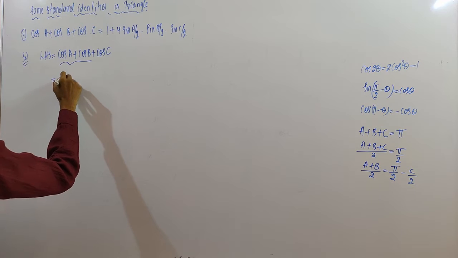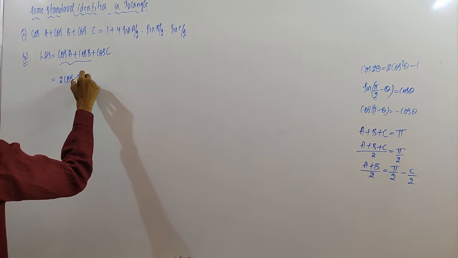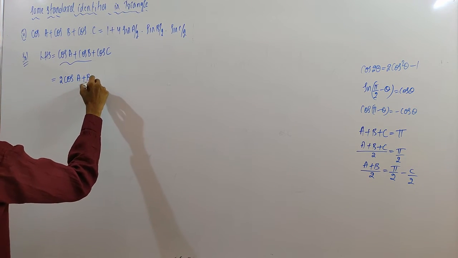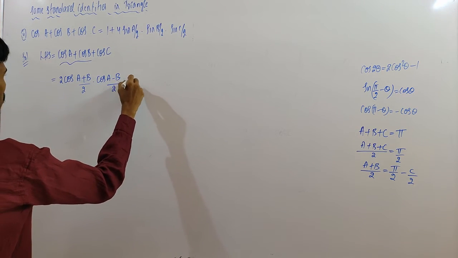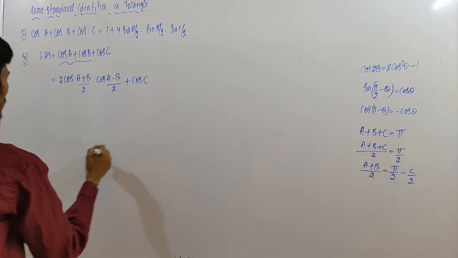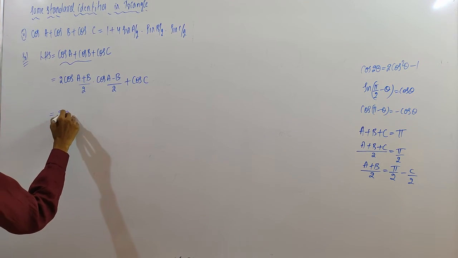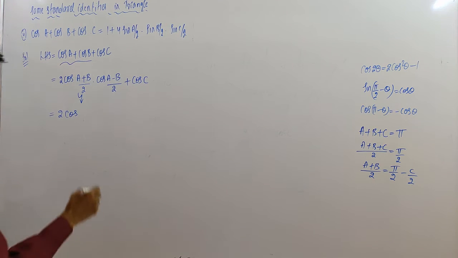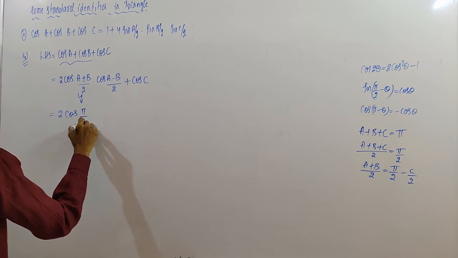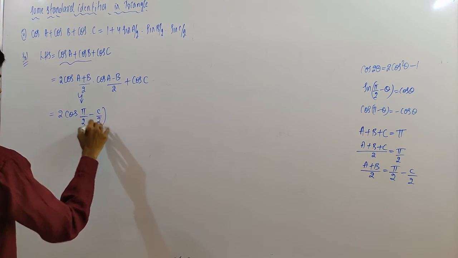We have 2 cos((A+B)/2) cos((A-B)/2) + cos C. The value of (A+B)/2 is pi/2 minus C/2.